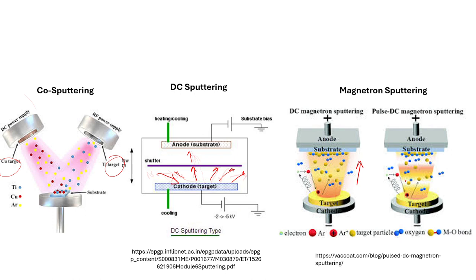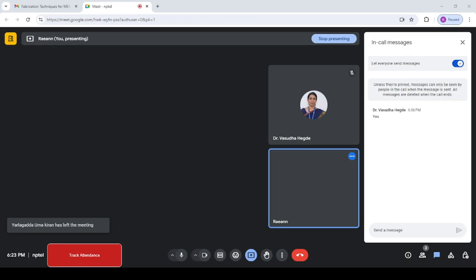When we are sputtering, our argon ion should fall on the cathode, and the target ions should also come and deposit on the substrate. If we control them using a magnetic field, we'll have better control and better yield compared to DC sputtering. Is this clear? Yeah.